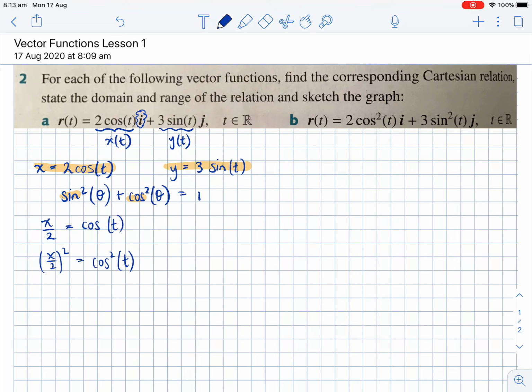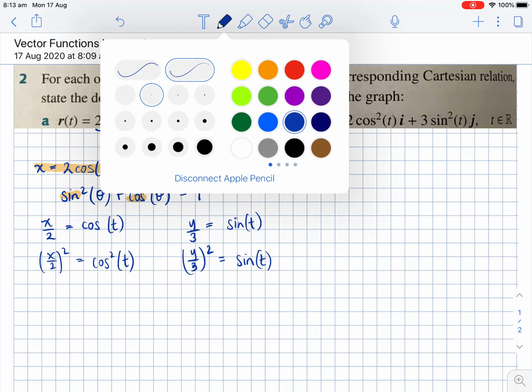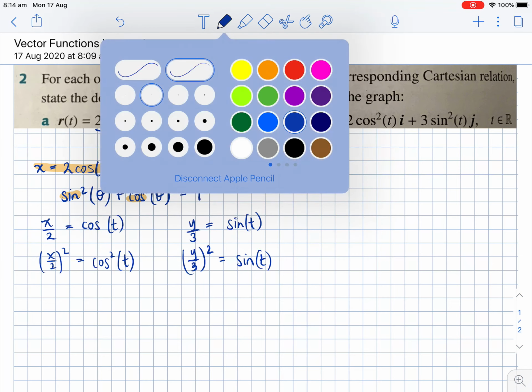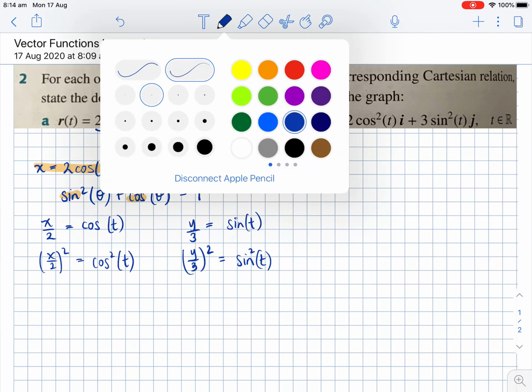Now with my y function, y on 3 is the same as sin t, and in which case y on 3 squared is the same as sin squared t.